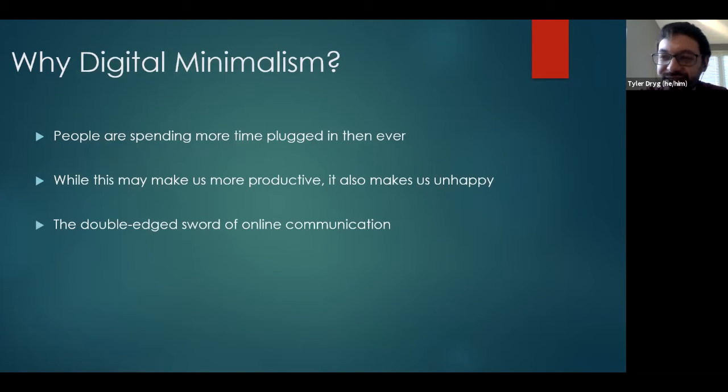So again, underscoring that, why is digital minimalism an attractive choice? Like I said, people are spending more time plugged in these days than ever. There have been many studies about Americans spending more and more time online, upwards of several hours a day on occasion.